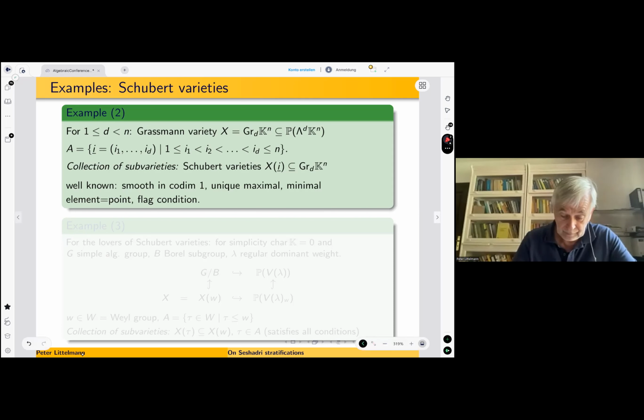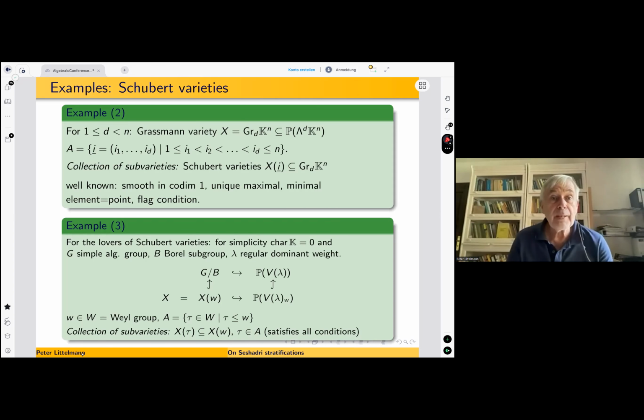Okay, here for lovers of Schubert varieties, for simplicity, let's assume my characteristic of K is 0, so I don't have to worry about problems in representation theory. So let G be a simple algebraic group. I fix a Borel subgroup and a regular dominant weight, and I take an embedding of G/B into the projective space over the irreducible representation of highest weight lambda.